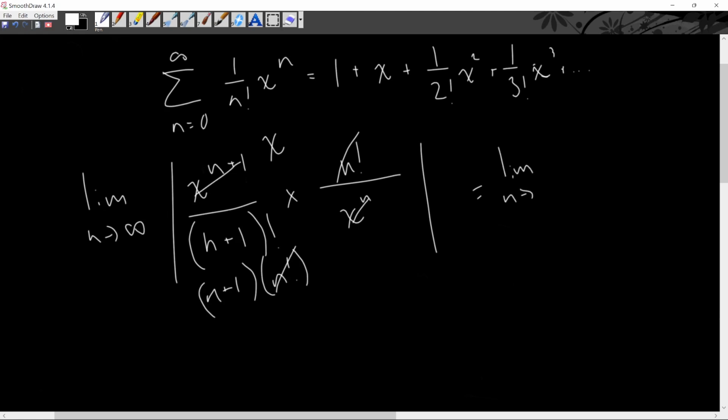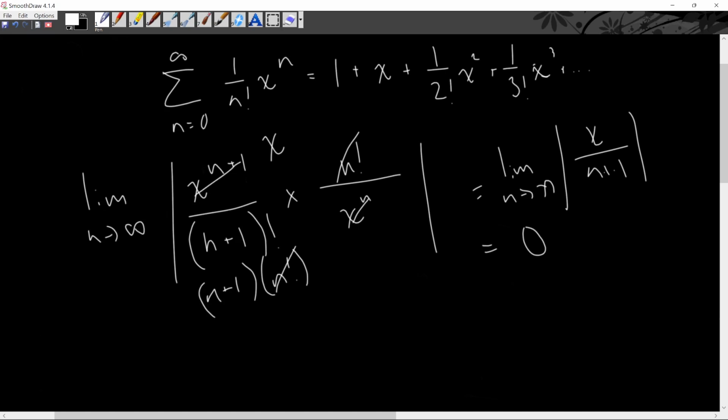So the limit as n approaches infinity of x over n plus 1, I know I'm writing this even sloppier as we go, is equal to 0. And you might be wondering, hey, well, it's 0, so is there anything to do? And I'm glad you asked.